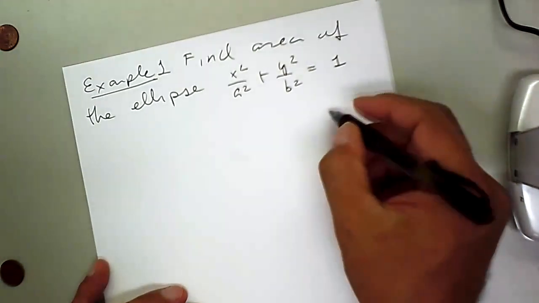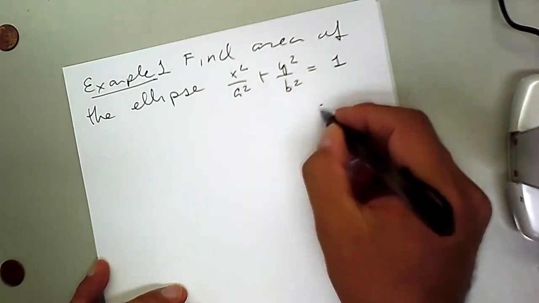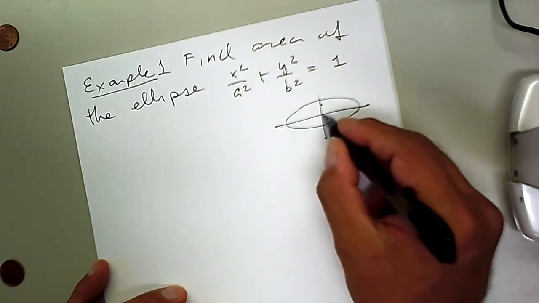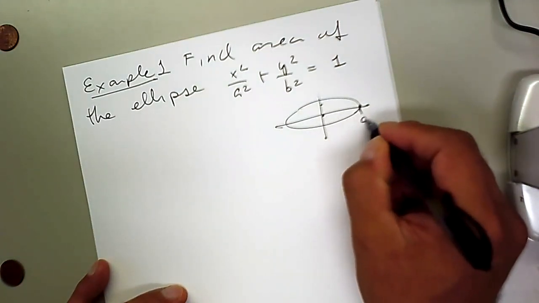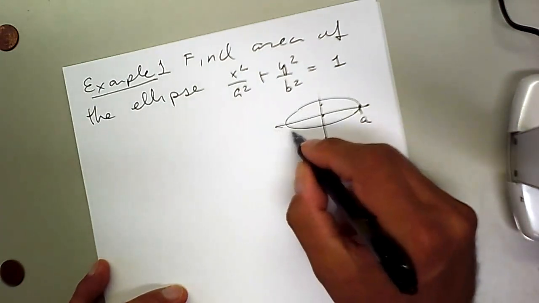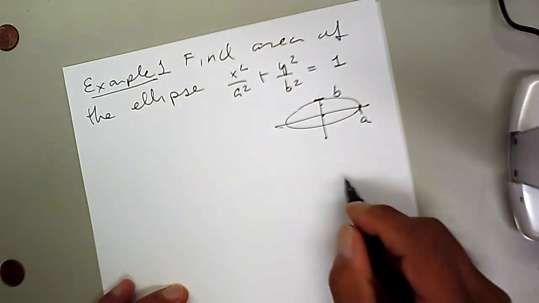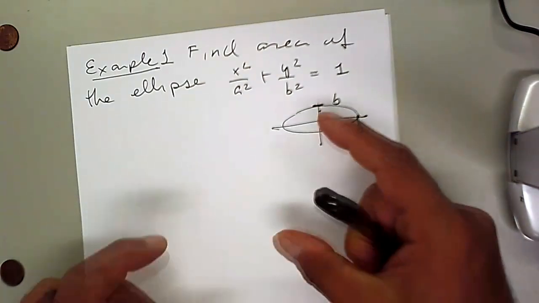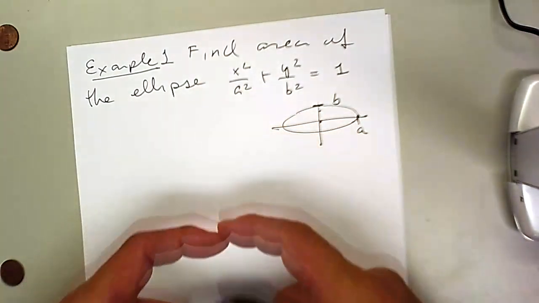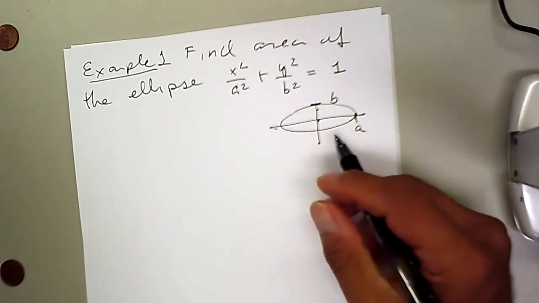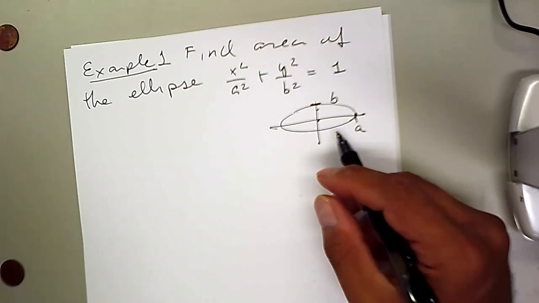So this is the generic equation of an ellipse. The center is at the origin. It goes out a units on the right and left, and up and down b units. And there it is. An ellipse is a circle that has been tilted, and that gives you an ellipse. So the question is, what is the area of that ellipse?